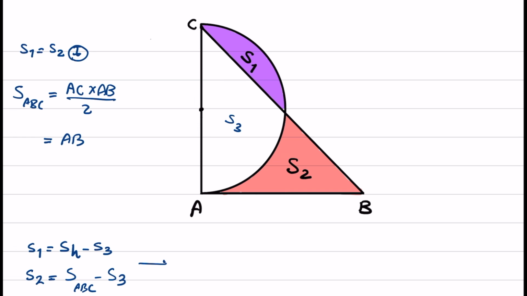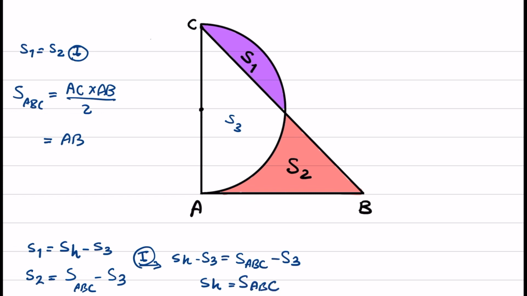We will use relation 1, and if you use this, it will give us SH minus S3 equals SABC minus S3, and from this we obtain that SH is equal to SABC.